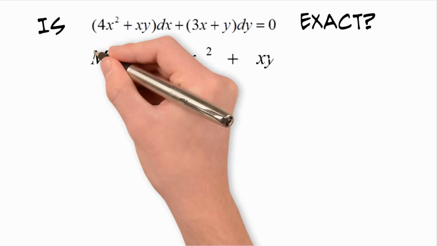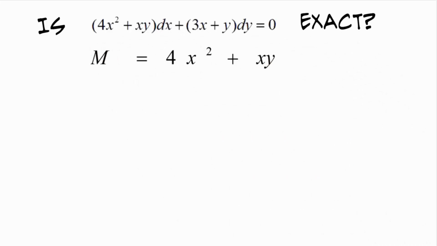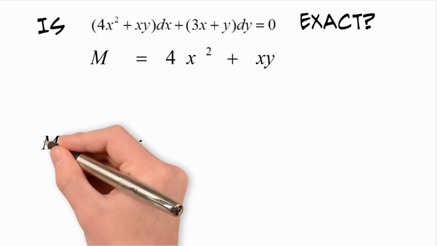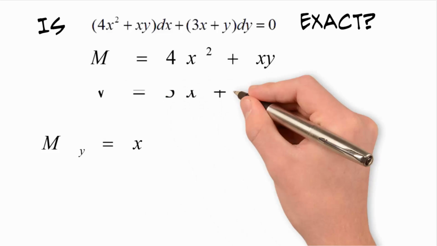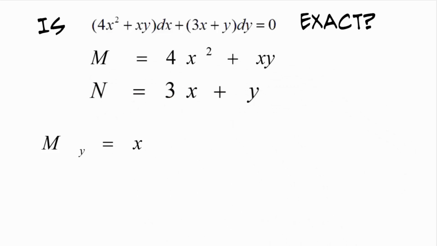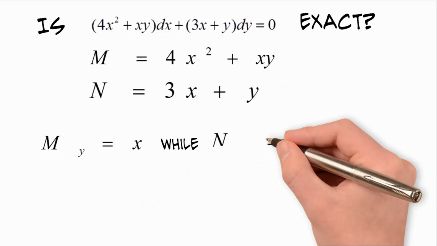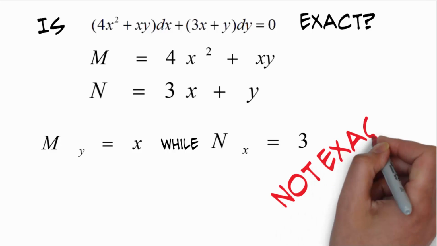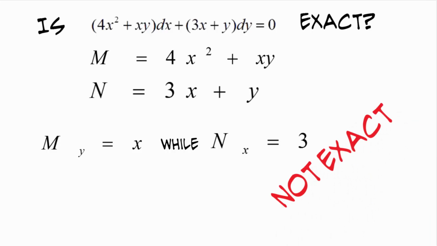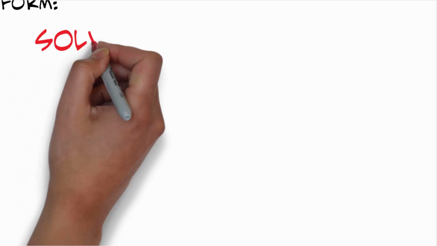M is 4 times x squared plus x times y, and the partial of M with respect to y is just x. N is 3 times (x plus y), while the partial of N with respect to x is 3, and as these two partials are not equal, the equation is not exact. We would need to try another technique, and it might not be an easily solved equation.